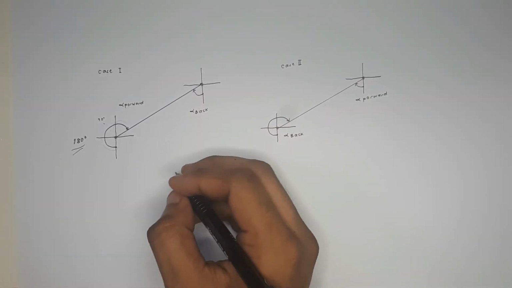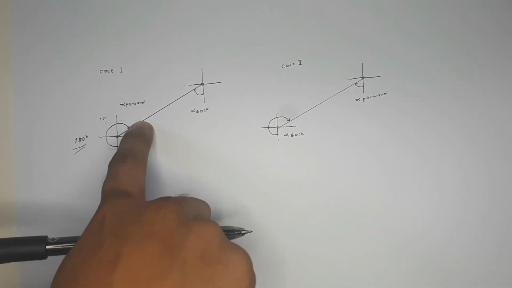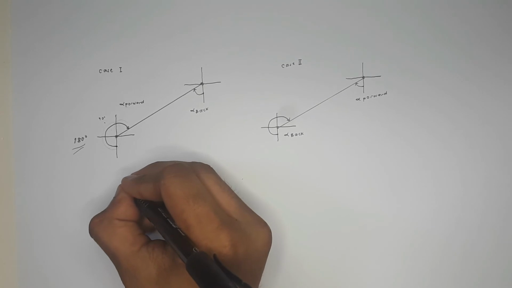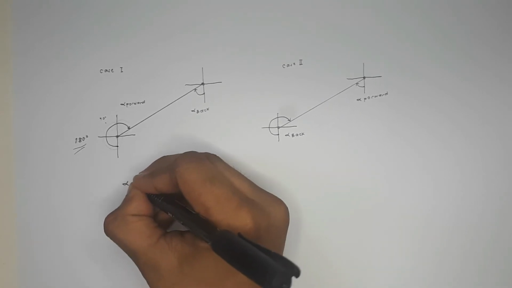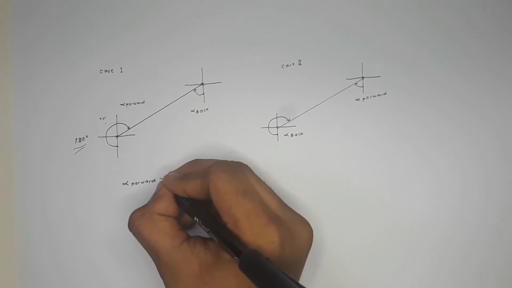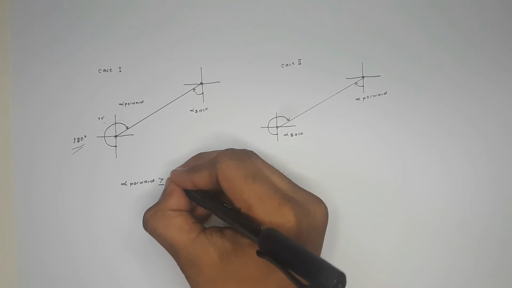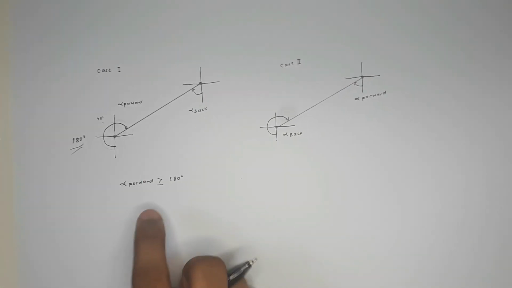In our first rule, it says that forward azimuth is greater than or could be equal to 180 degrees.